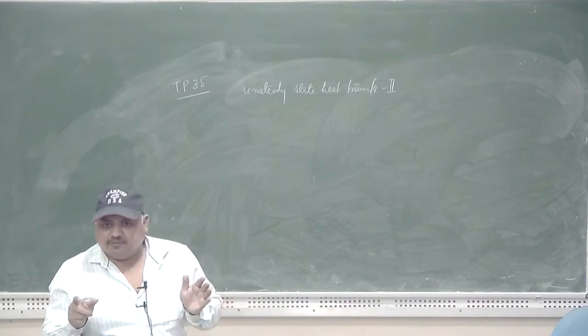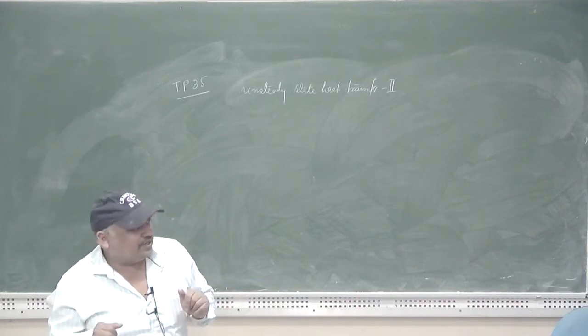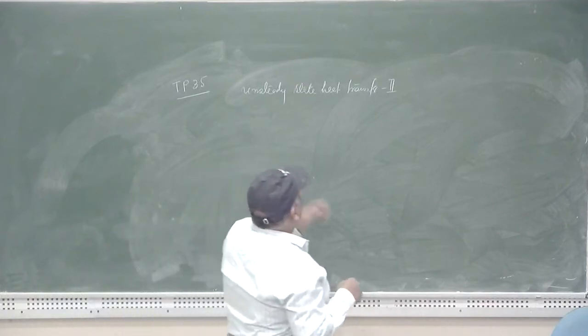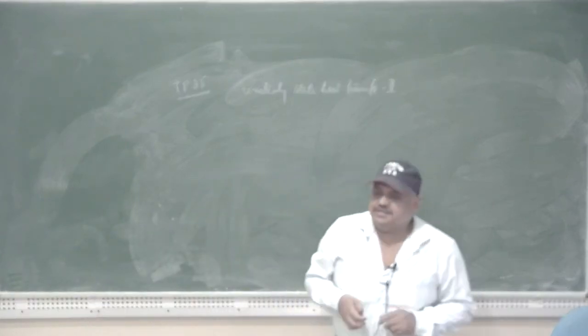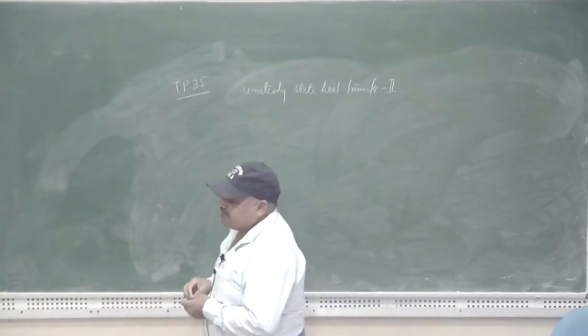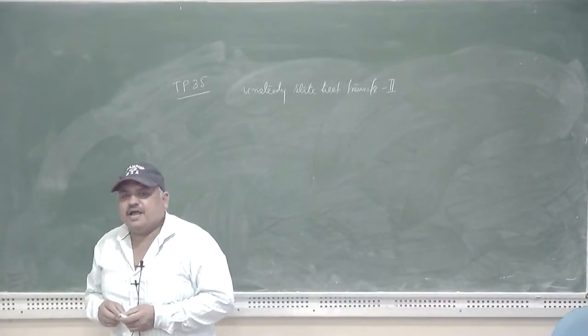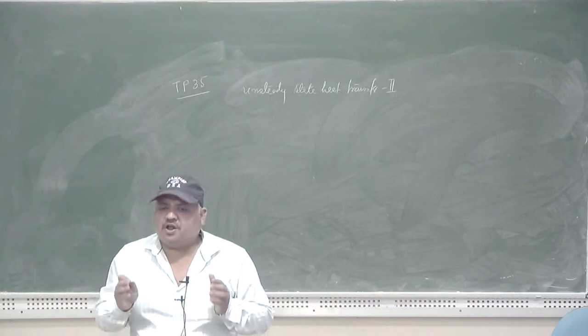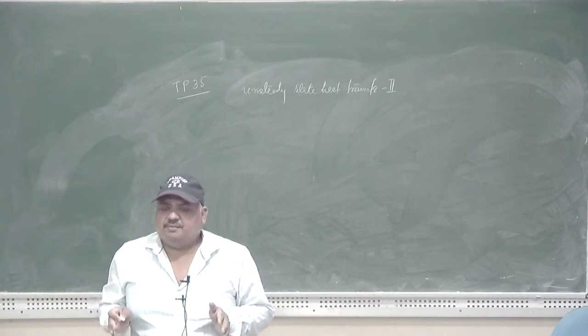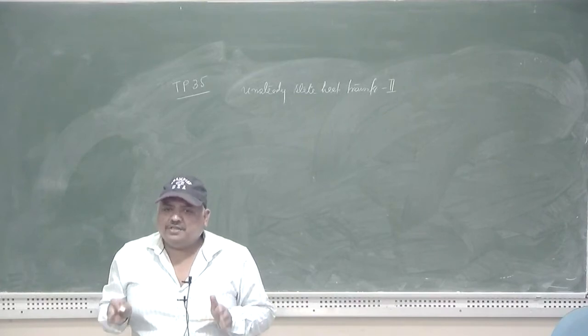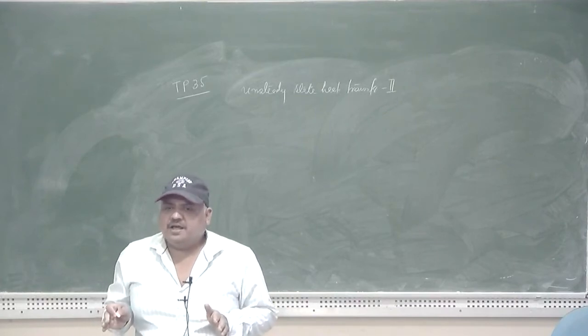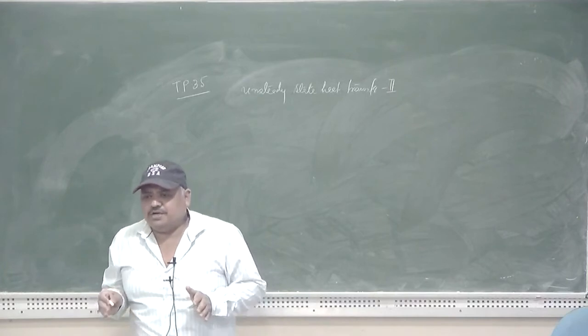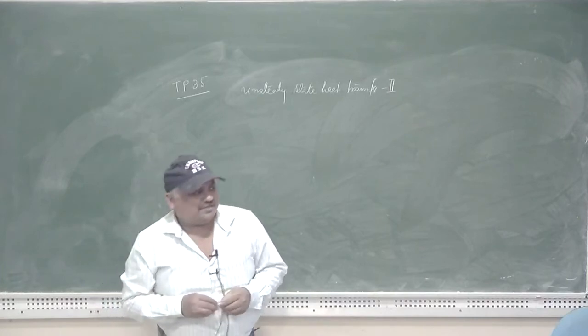That means, for a body subjected to heating or cooling, how we can arrive at the instantaneous flux, and we will also see how the quantity of heat lost or heat gained by a body during cooling or heating can be calculated using this lumped heat capacity analysis.